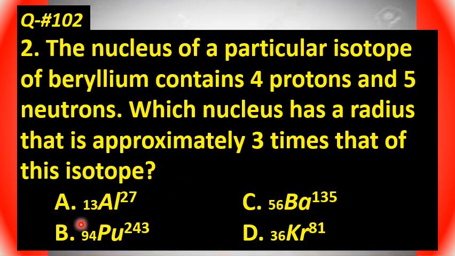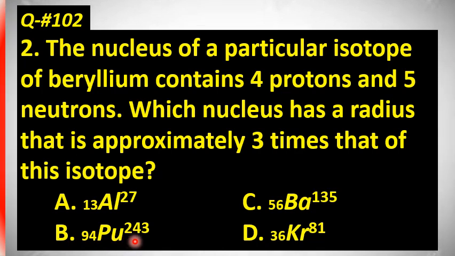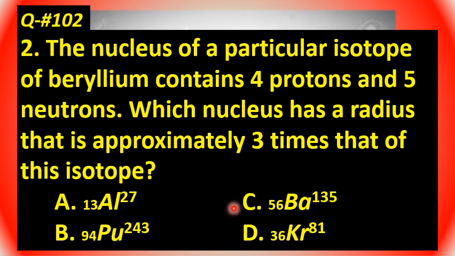Letter A. Is it aluminum, whose mass number is 27? Or is it letter B, plutonium, whose mass is 243? Or is it letter C, barium, whose mass number is 135? Or is it krypton, whose mass number is 81?